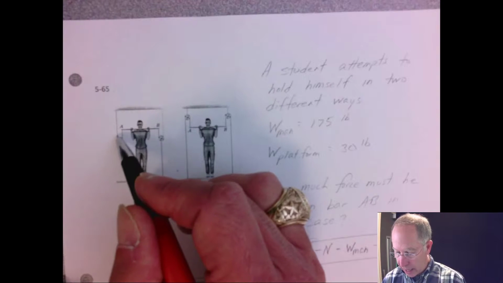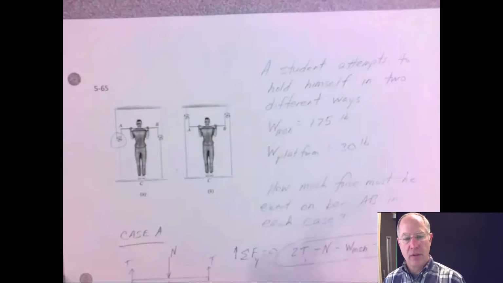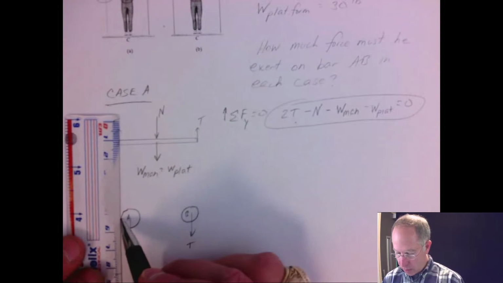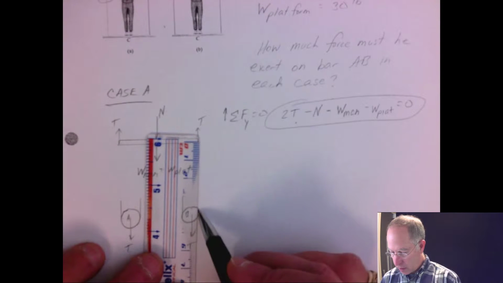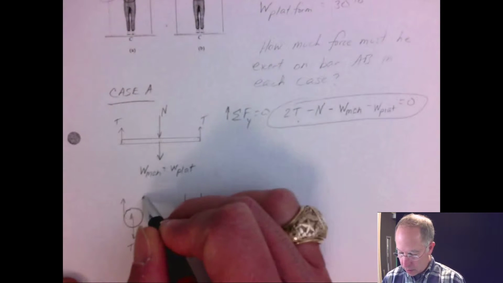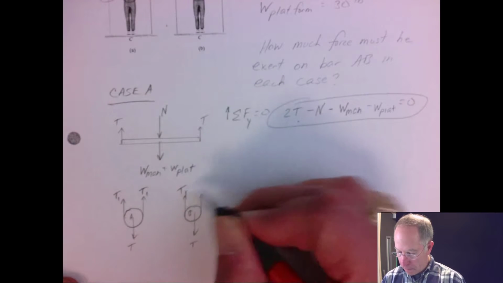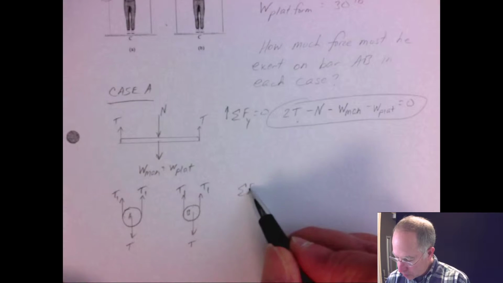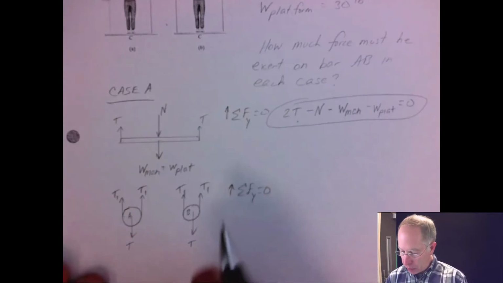Now looking at pulley B, pulley A, we do a cut around here. We've got these two tensions going up. So let's draw them as well. They're not T, let's call them T1. And summating forces in the y direction equal to 0, well, you can just do one of these.